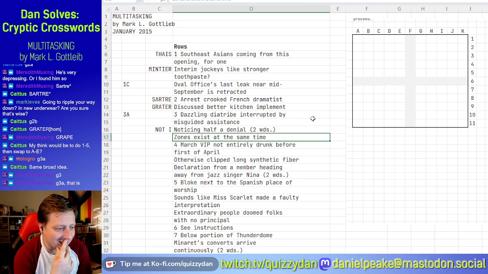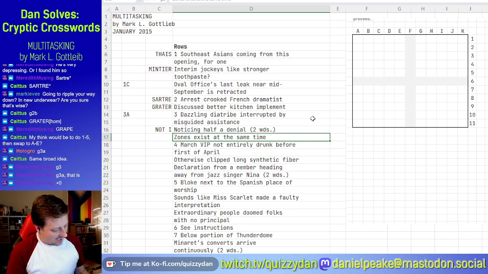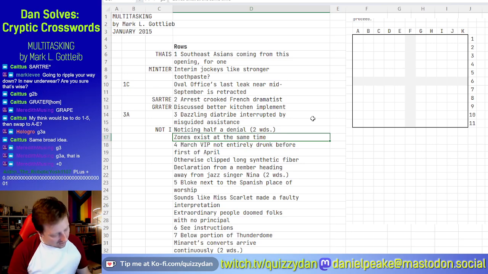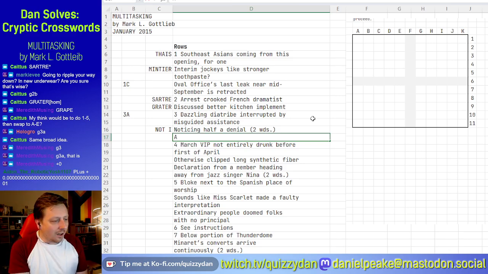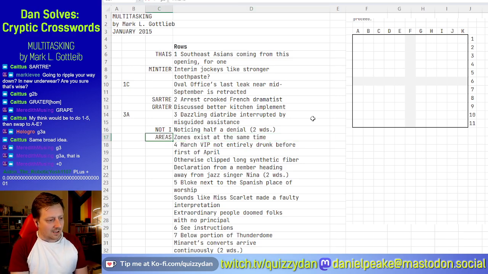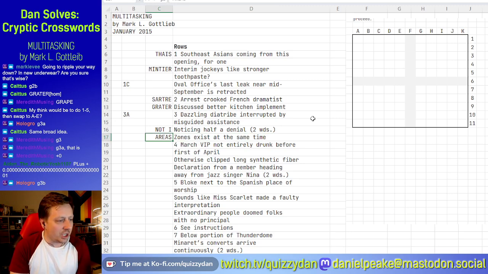Zones exist at the same time. Ah, okay. I think I've got this. Yeah, let's do what Aidan says. Plus, an infinitely small amount. I think this one is areas. Because if you exist, you are.